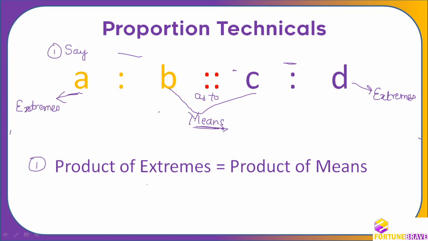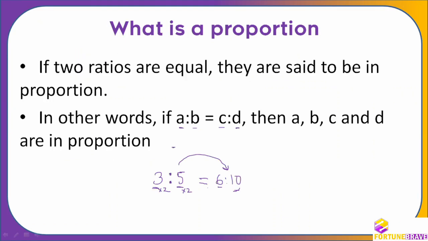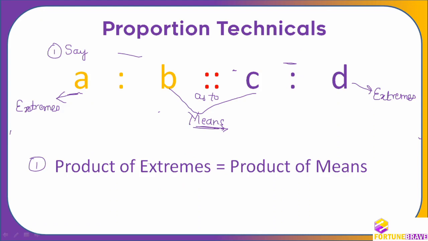Say for example, we take the previous example. What is that? 3:5 is equal to 6:10. If I write it 3:5 as 6:10, then what are the extremes here? 3 and 10 are extremes.